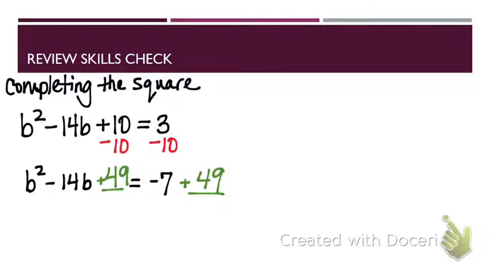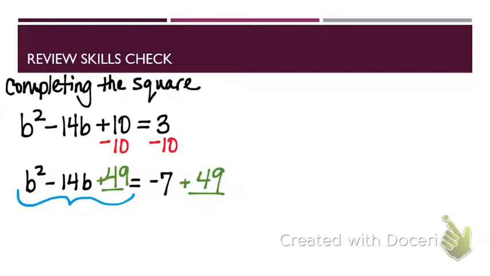Okay, so now we're going to factor this down, and this is a perfect square, meaning that it's always going to factor down to something squared. So what two numbers would multiply to be 49 and add to -14?